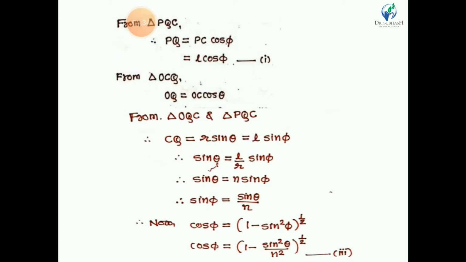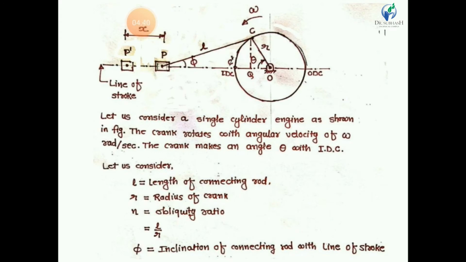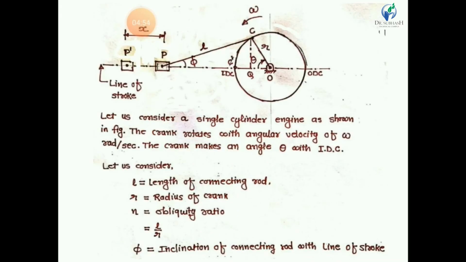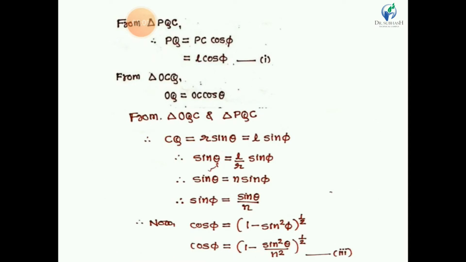Now if we consider the two triangles OQC and PQC, CQ is the common side. So we can say that CQ is equal to R sin theta and is equal to L sin phi.